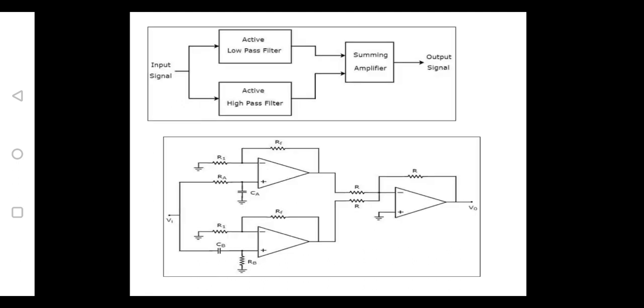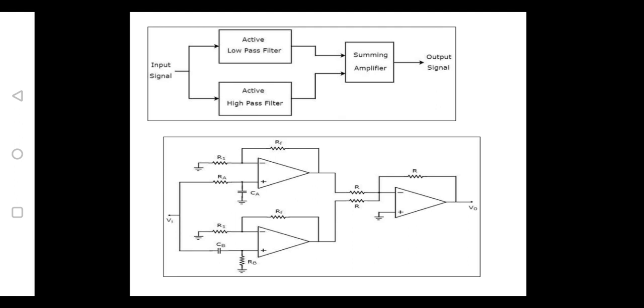The first figure shows the block diagram of a band reject filter. That is, it should pass low frequency components and it should pass high frequency components. That is the reason the same input is given to both the filters, and the output of these two filters is given to a summing amplifier. Here in the low pass circuit, the first input should be a resistance and the output should be a capacitance.